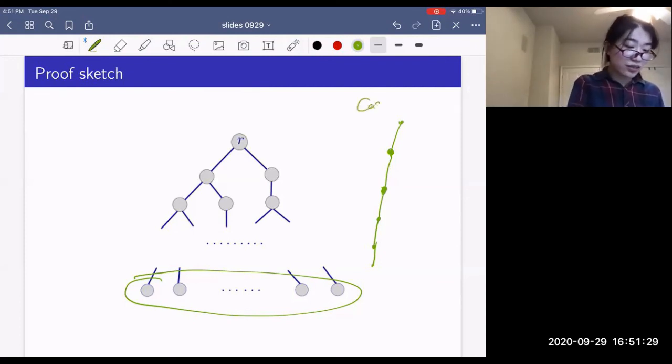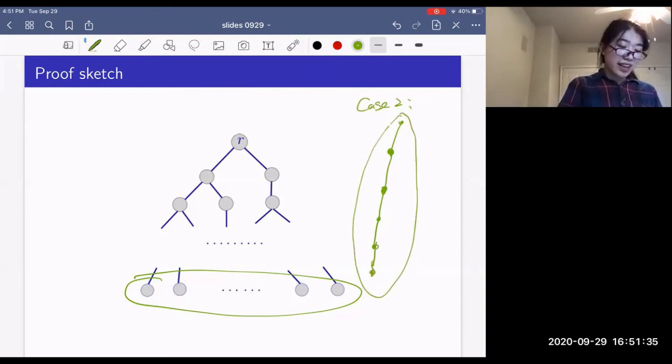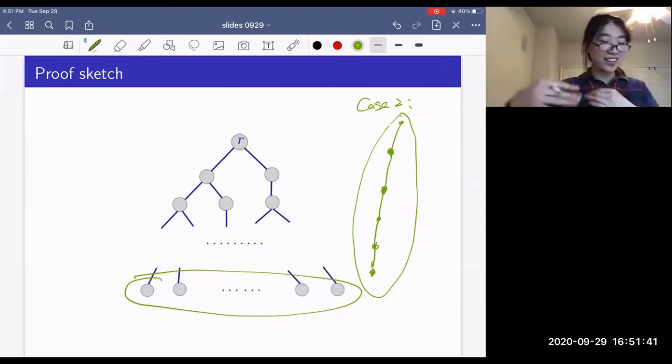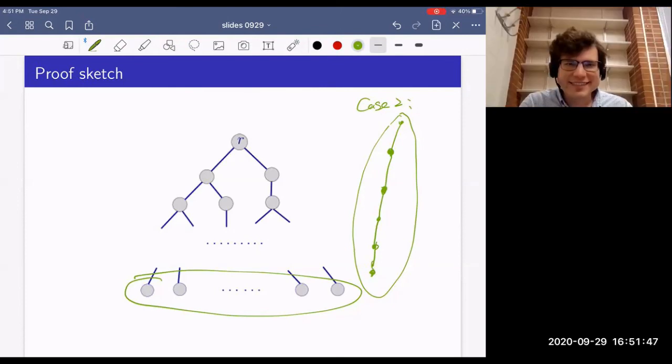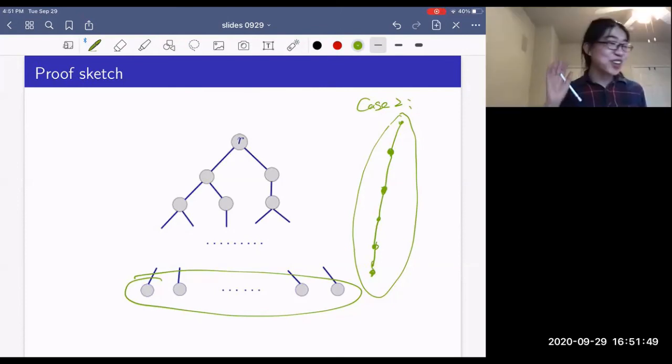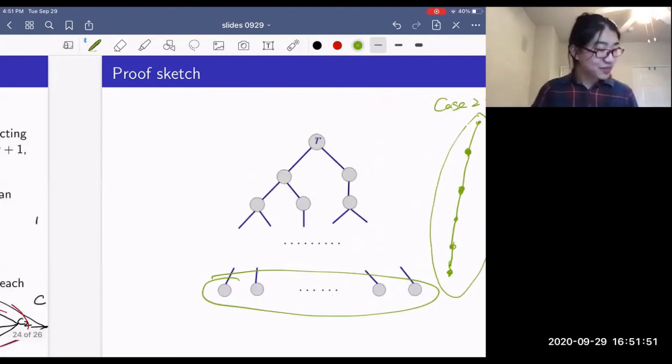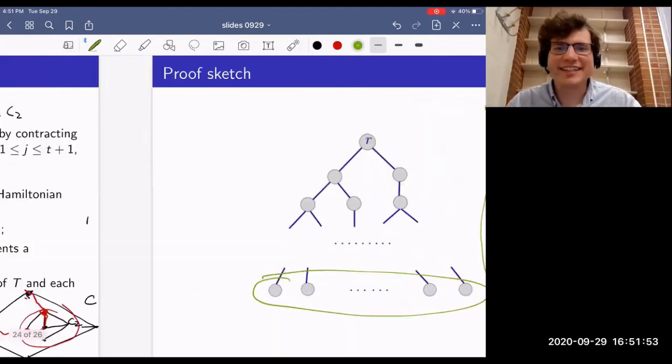So for case 2, we have such paths. But there are some properties of these 4-cycles, so we do another way to solve this kind of case. Yeah, I see. Thanks. I'm not sure if I said it clearly. I think I get the idea.